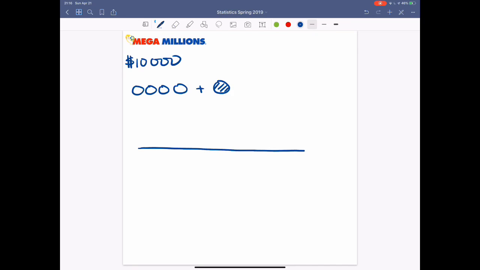To calculate this, the chance of winning in the first pool is 5 choose 4, times 65 choose 1 because we are losing 1, over the total, 70 choose 5. Times, in the second pool, 1 choose 1 for winning, times 24 choose 0 for losing, over 25 choose 1.